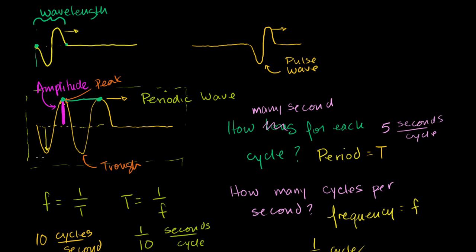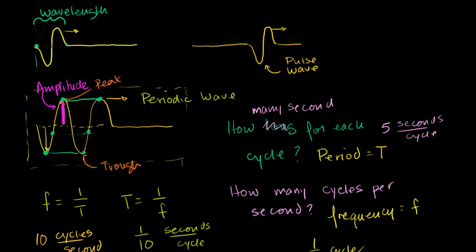Or you could view it as the distance from one trough to the other trough. That's also the wavelength. Or in general, you can view the wavelength as one exactly equal point on the wave, from that point to that point. That is also one wavelength, where between that point and that point, you're completing one entire cycle to get exactly back to that same point.